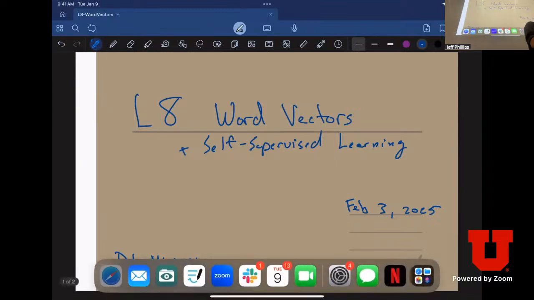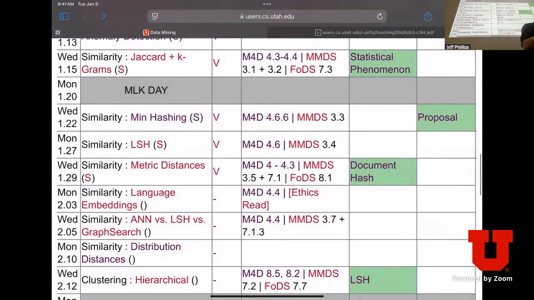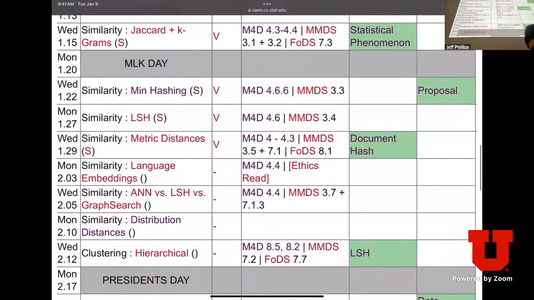Okay. I'd like to look at the schedule. You should be looking at the homework for locality-sensitive hashing. There have been a lot of good questions about that. There are a few pieces in that homework we did not get to cover yet that I'd hoped to cover in an earlier lecture.